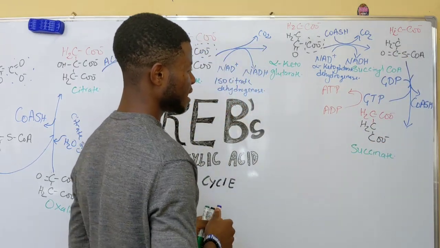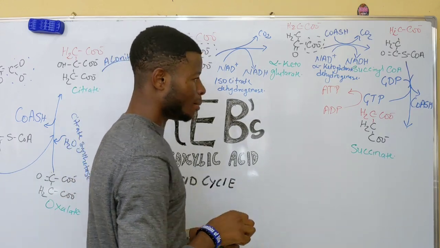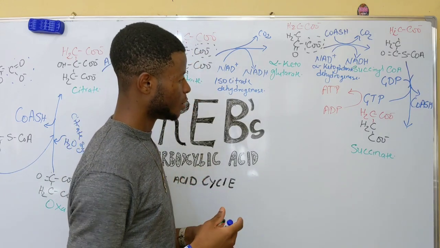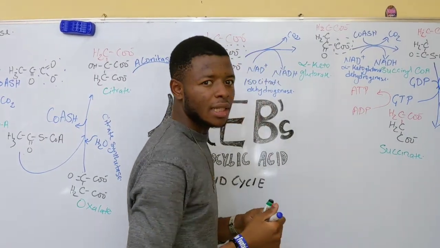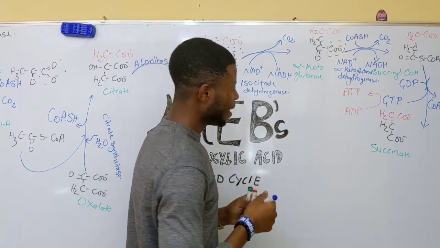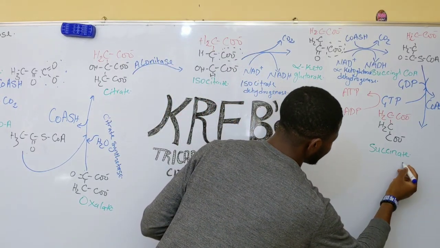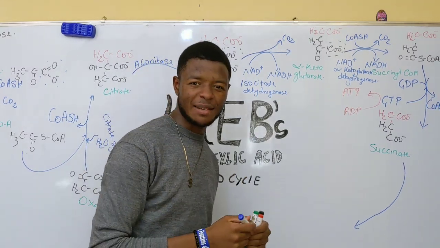Now, we are moving to the next step. We are leaving succinate. When we are leaving succinate, we are moving to another interesting compound. So this is how succinate looks like. This compound is going to be called fumarate. And when I'm forming fumarate, a very interesting reaction is still supposed to take place here.